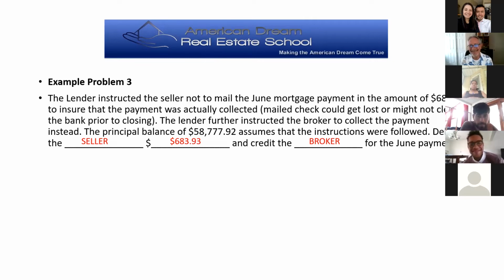Wow. All right. Here's the thing I want to point out to you here. Credit the broker for the June payment. Does that mean you're going to be responsible for collecting it and sending it over there? So technically speaking, where the commission views a closing, yes, you're responsible for that. Here's what's in reality happening in real time. You're going to the title company and you've already engaged the title company to facilitate this closing for you.